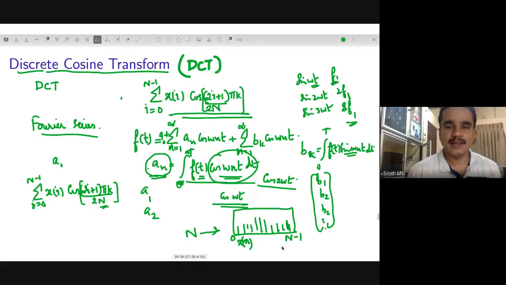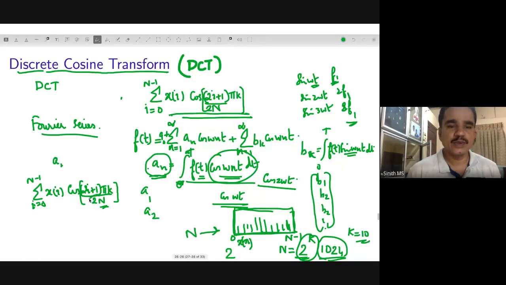So normally n will be 2 raised to something, say 2 raised to capital K, say a frame size of 1024, where capital K is 10, like that.